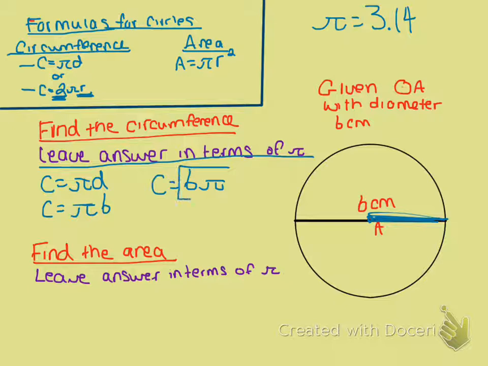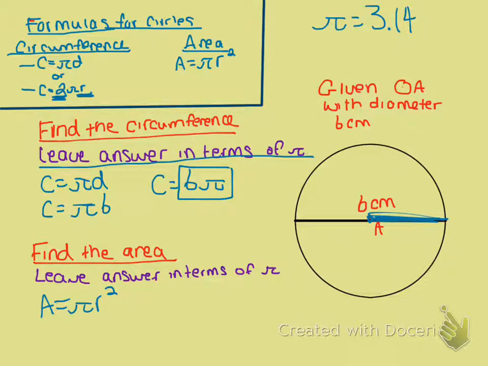So rather than calculate out and do 6 times the pi button in the calculator, we're going to leave the answer in terms of pi and simply give 6 pi. Now finding the area, so we know that the formula is area equals pi r squared. So in order to find the area, we have to know the radius. In this case, that one's easy.